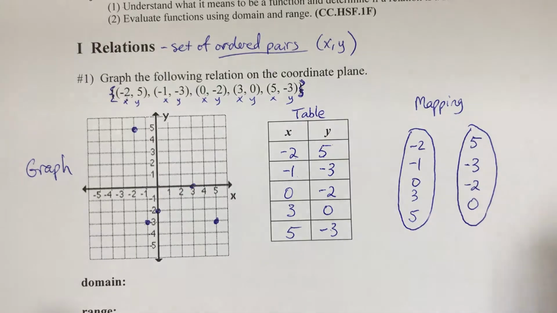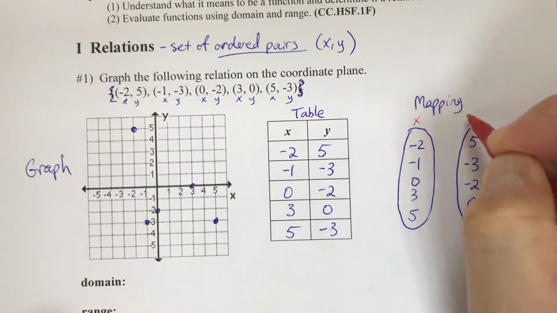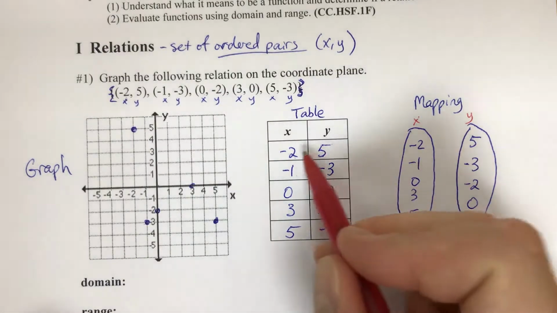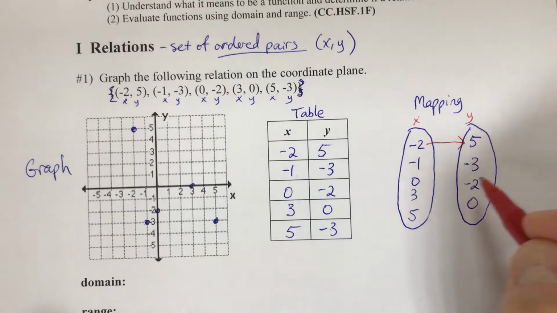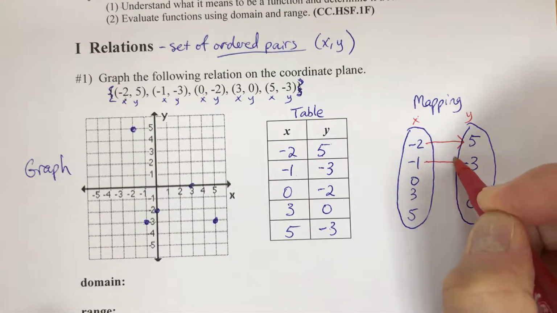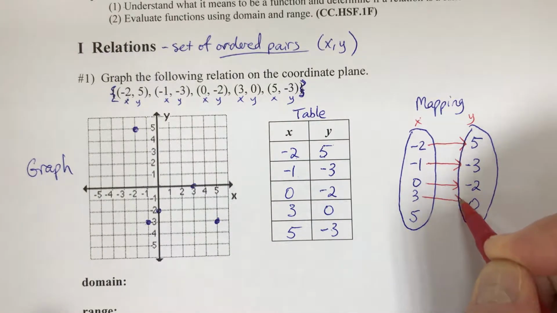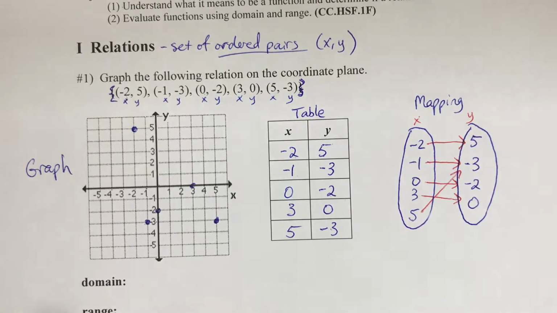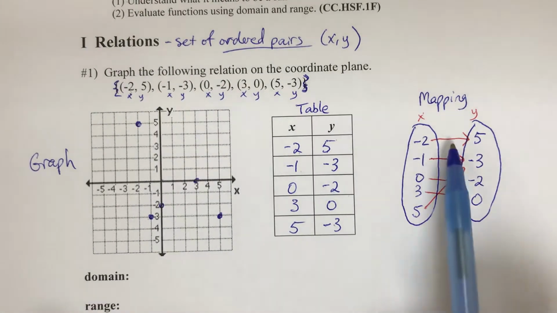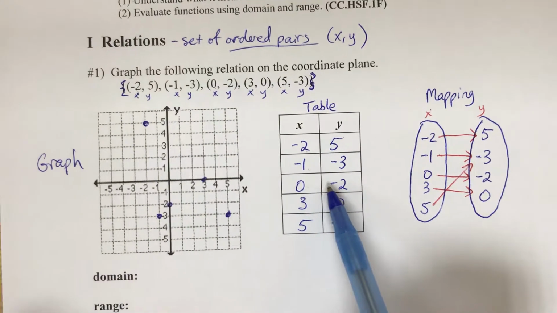I don't need to write it both times, just one time. What we do is draw an arrow from the x to the correct y value. So negative 2 maps, or matches, to 5. Negative 1 goes to negative 3. 0 goes to negative 2. 3 goes to 0. And then positive 5 also goes to negative 3. Now, we don't see this so often, but a mapping, again, is very similar to a table.